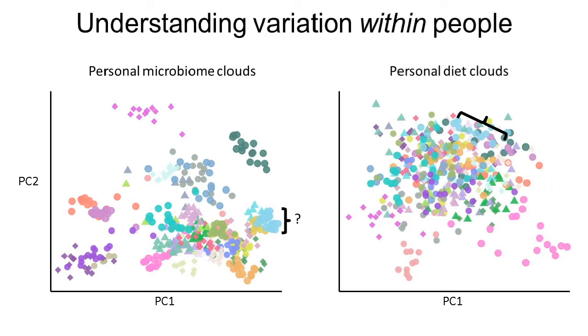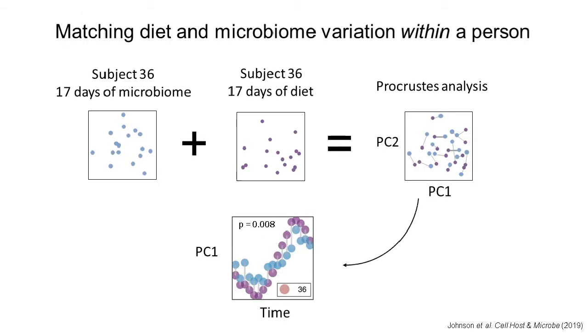So now the question is, let's take one person, look at how they're bouncing around in their own microbiome space. They might become different from themselves for a few days, and then they might move back to where they were, for example. And let's compare that to what they've been eating recently and find out whether your recent dietary intake helps explain your microbiome today.